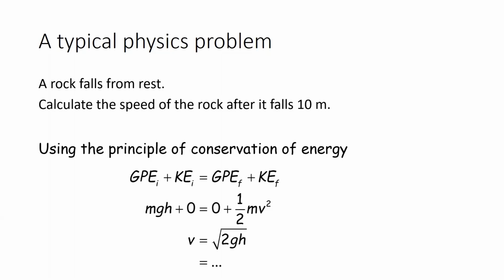So the initial gravitational potential energy plus the initial kinetic energy equals the final gravitational potential energy plus the final kinetic energy. And so on the left-hand side of the equation, we have mgh plus 0. And on the right-hand side of the equation, we have 0 plus half mv squared, 0 being applied to the appropriate values, which are zeros at the initial and final positions. Then we would make v the subject, and we proceed to solve the speed of the rock after falling 10 meters.